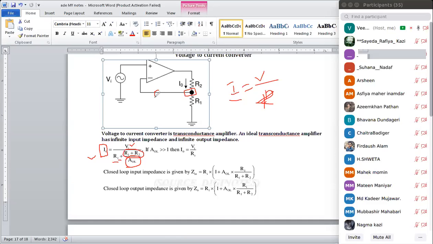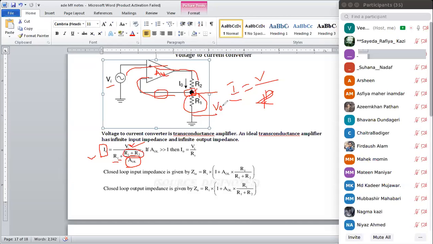The feedback is connected to this. Here we have a gain AOL, or closed loop gain, and here we have the input. This input is flowing through this gain. The voltage at this point is the total input voltage divided by R1. R1 is the least resistance, we need to calculate upon this R1 resistance, that is the output voltage.